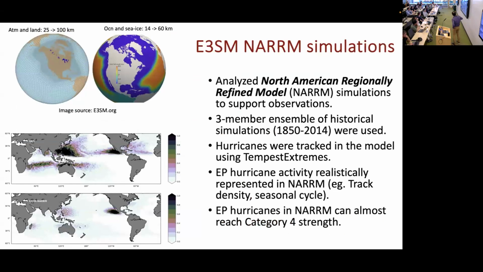So here's the interesting thing, right? When you look at the mesh, this, to a large extent, explains why you see stronger Eastern Pacific hurricane activity, but not such a strong activity in the Atlantic, because the mesh covers the main development region for the storms in the Eastern Pacific, but not so much in the Atlantic sector.